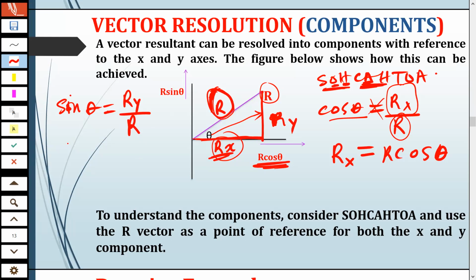And then to find R in the Y, we cross multiply. Then we're going to have R times sine theta. It's going to be R sine theta.